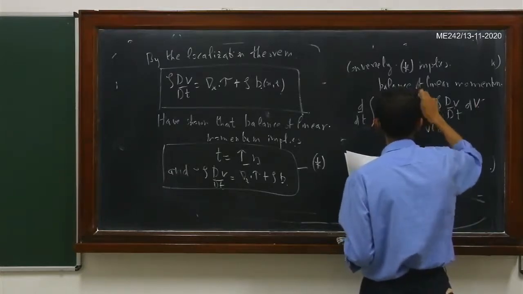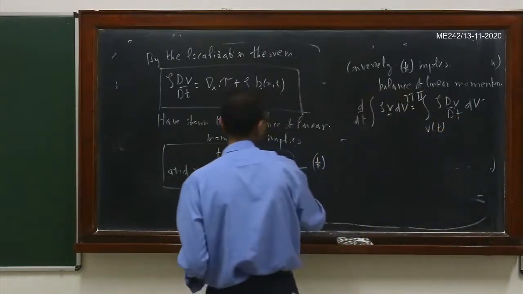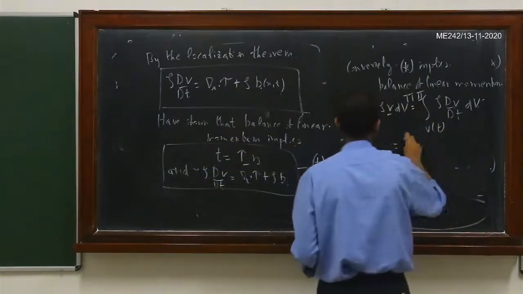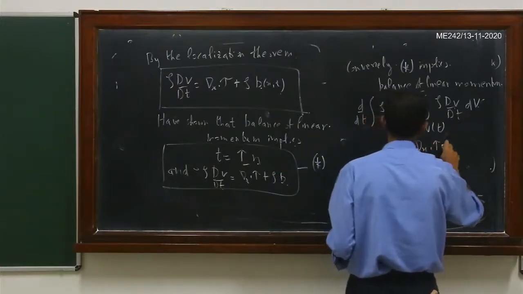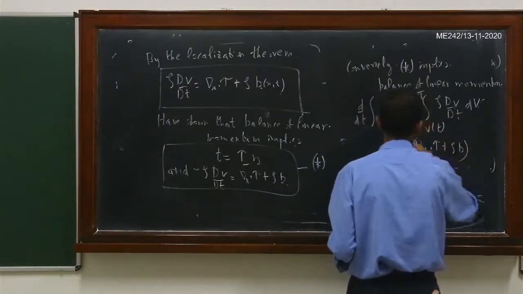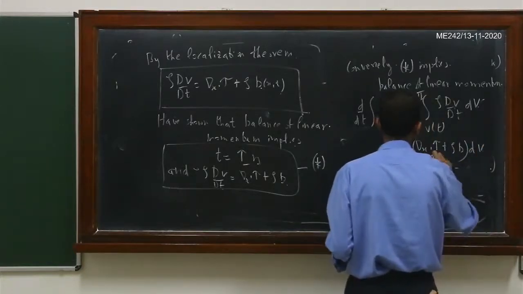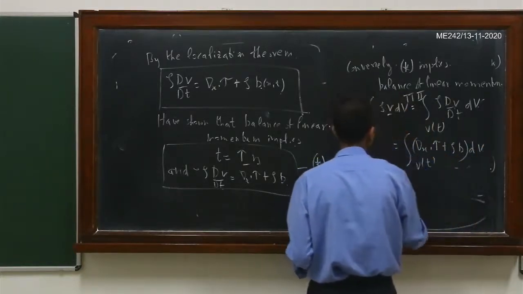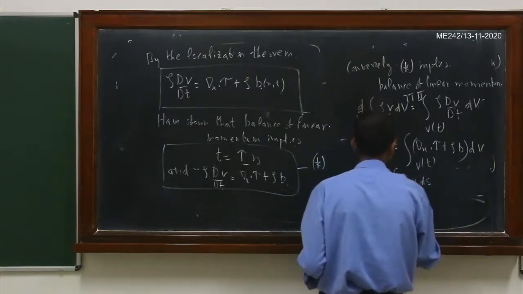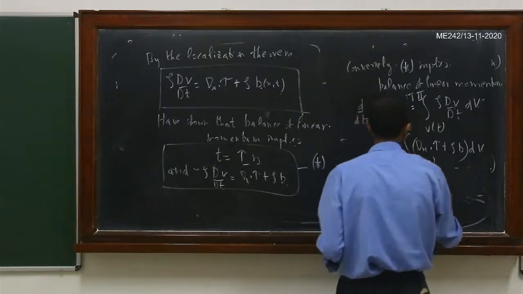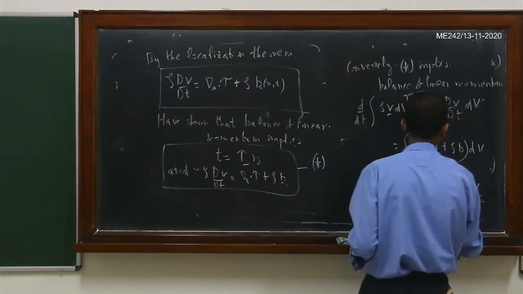Then rho dv/dt is del dot tau plus rho b, so I can replace it by the integral of (del dot tau plus rho b) dV over V(t). Then apply the divergence theorem. This becomes the integral of tau n dS over S(t) plus the integral of rho b dV over V(t).